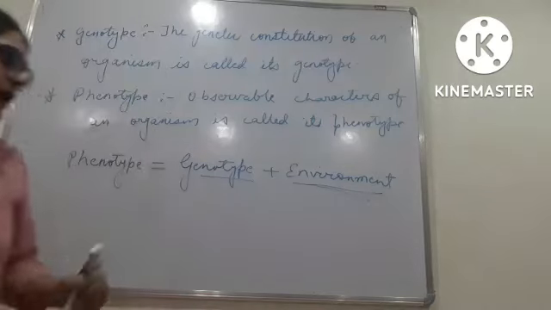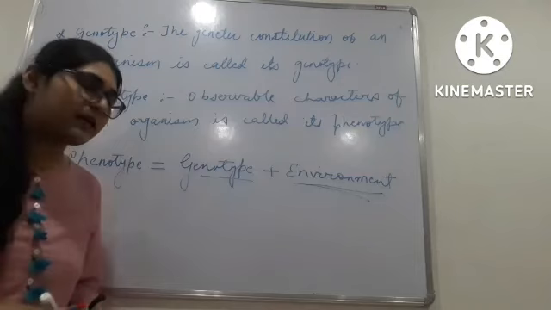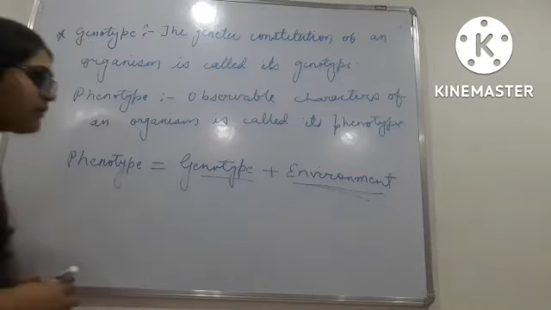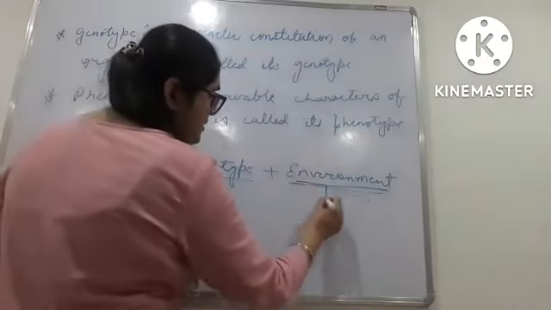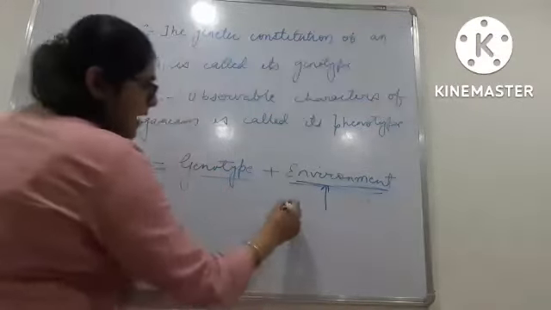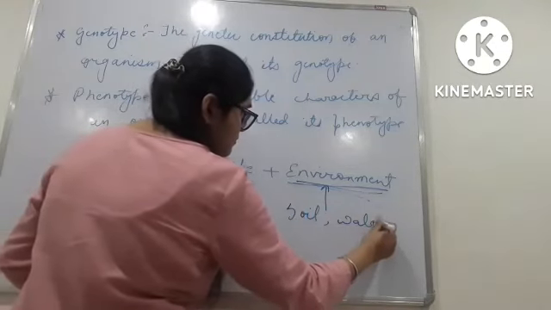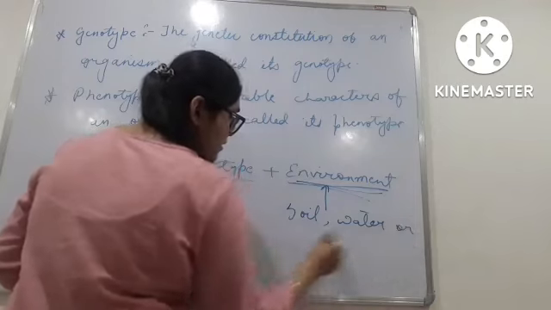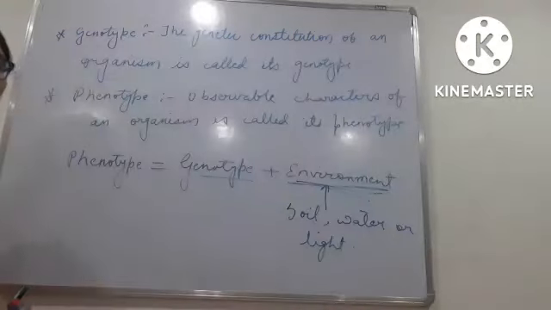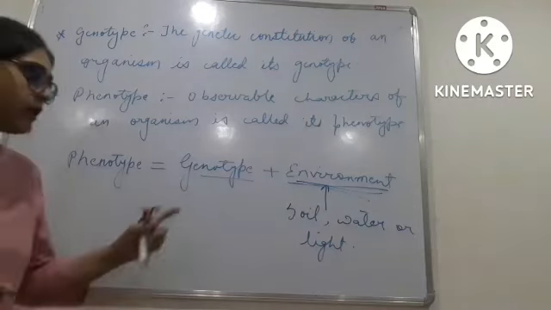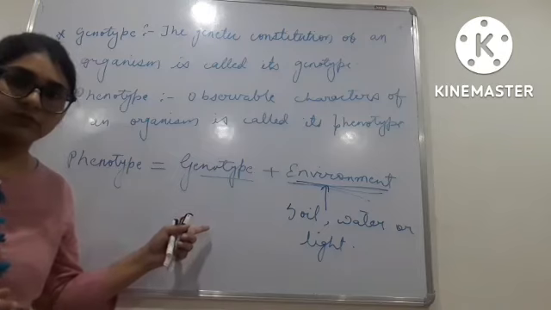So it has the genotype to grow into a good seedling, but what if we cannot provide the proper external factors like soil, water or light? Would it be able to germinate? No. Okay.